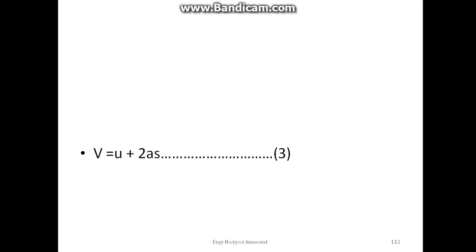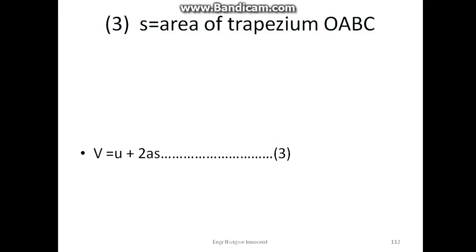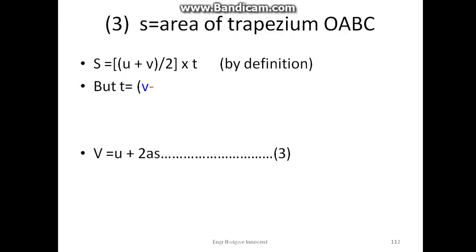For the third equation, the distance is equal to the area of a trapezium OABC. s is equal to u plus v over 2 times t by definition, but t is equal to v minus u all over a by making t the subject of the formula.